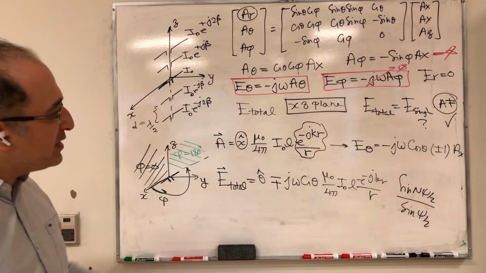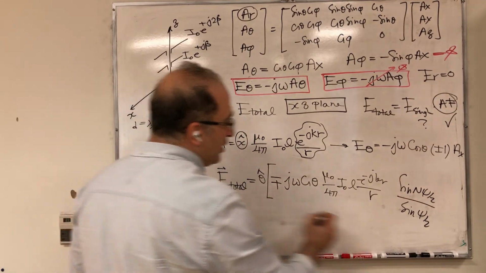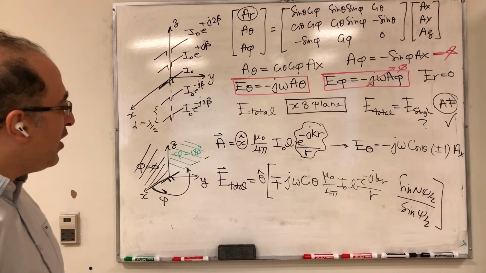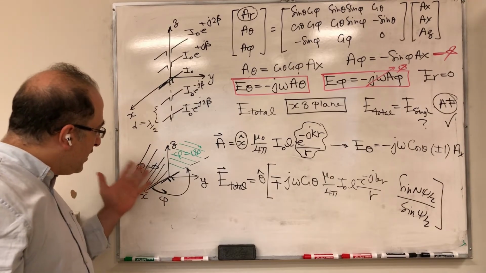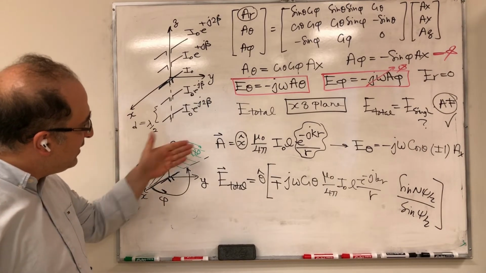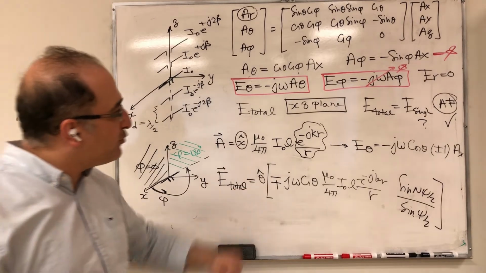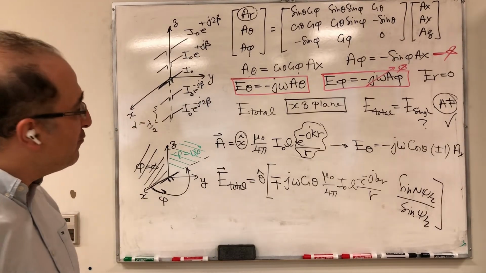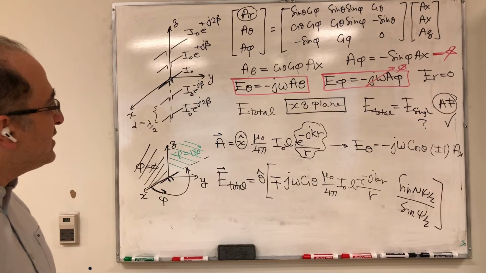So this becomes essentially my total electric field in the far field in the XZ plane, this side and, in the other side, the opposite sign, and that's why I have two signs here. So that's essentially what's happening in this situation.